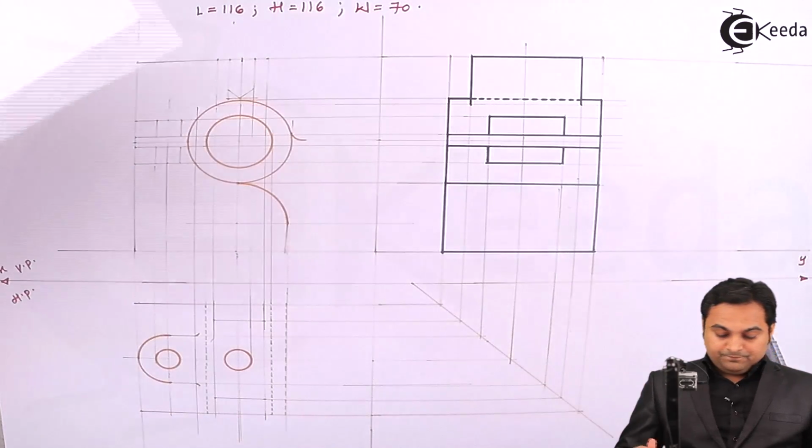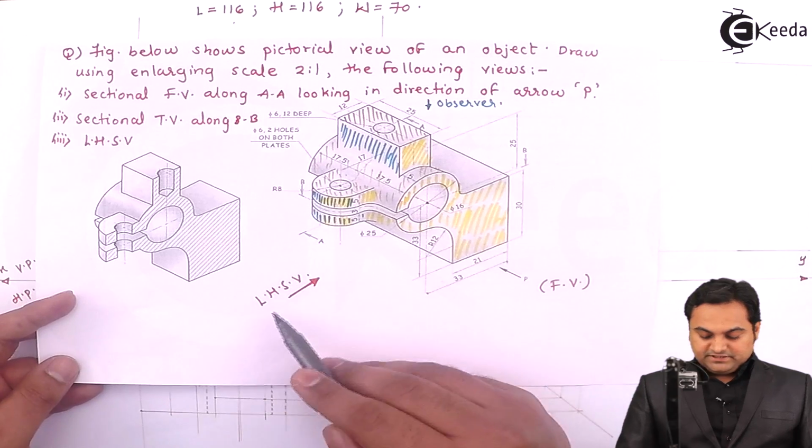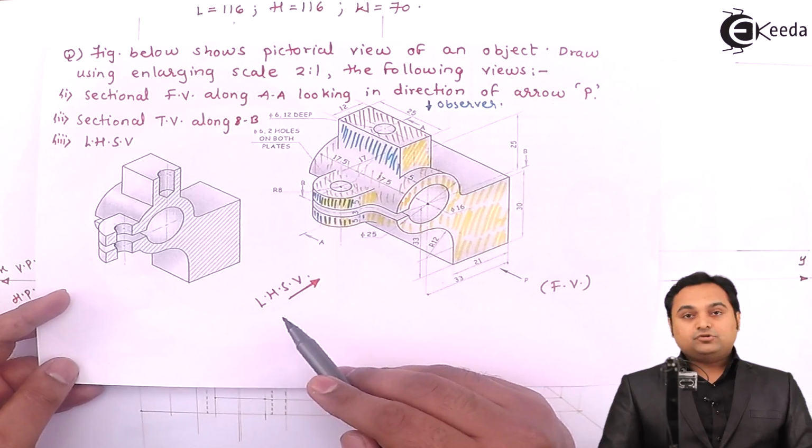Then after this, inside this cylinder there is a circle which won't be seen from the left hand side, means it has to be hidden.